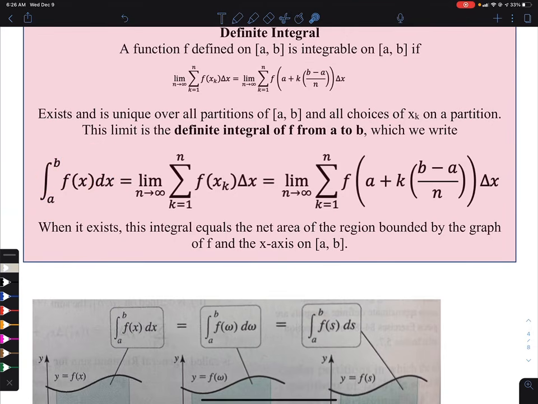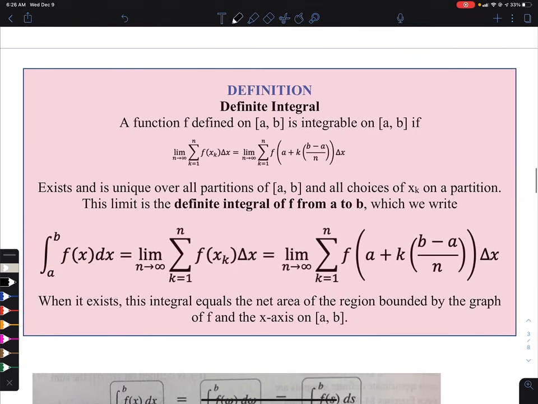Now, I don't know if you remember, you should. Once upon a time, we did delta y over delta x, and we called that the average rate of change, right? And then we had something called dy dx, and that was called instantaneous rate of change. This was the slope of the secant line, and this is the slope of the tangent line. And the connection was rise over run.